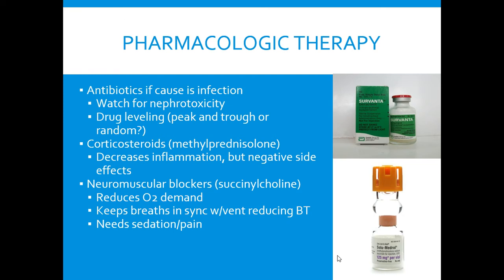So we want to use neuromuscular blockers or paralytics with our ventilated patients, especially when we're intubating them to begin with. We'll always use a neuromuscular blocking agent because it keeps the patient from moving at all while we're trying to intubate them.